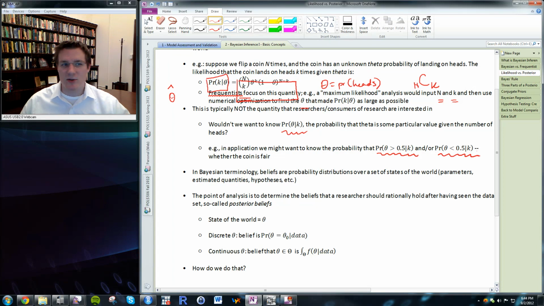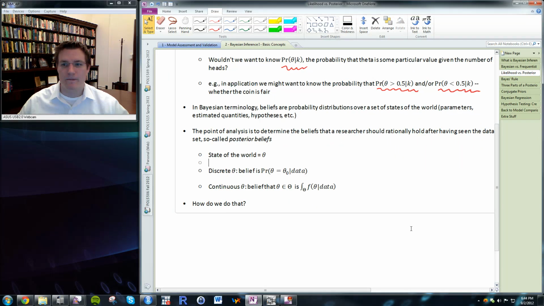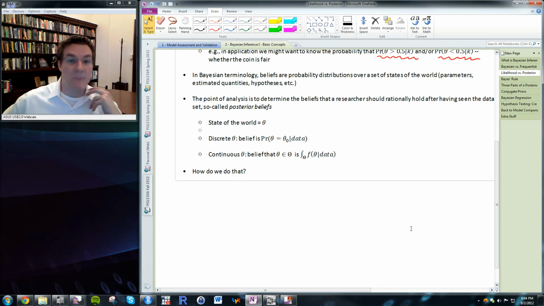And if either one of those quantities gets too far away from a half, then I'm going to be concerned that the coin is biased. Bayesians share this view that this is what we're interested in, and thus they've developed a mathematical framework to tell you what these things are.